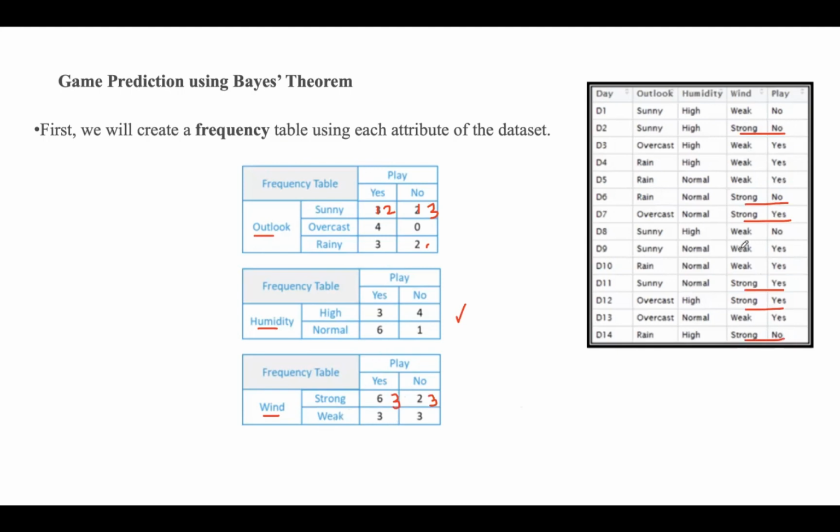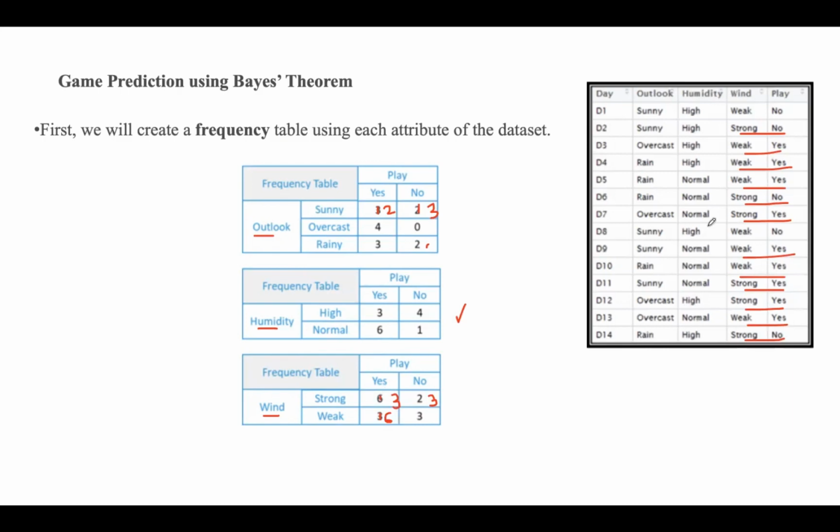Wind weak, yes. Weak, yes is 1, 2, 3, 4, 5, 6. This is 6.